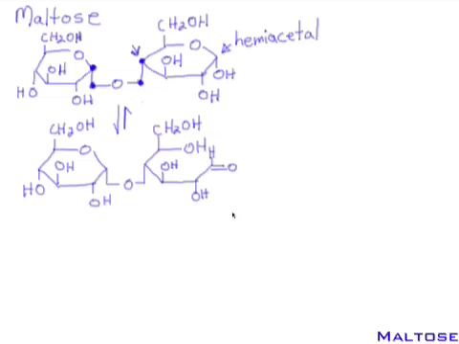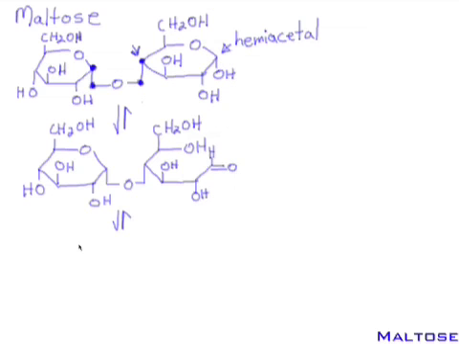Because one end can ring open, the molecule maltose is capable of mutarotation. And this mutarotation, a change of optical rotation, is caused by the one end alternating between an alpha at the anomeric hemiacetal end and a beta.